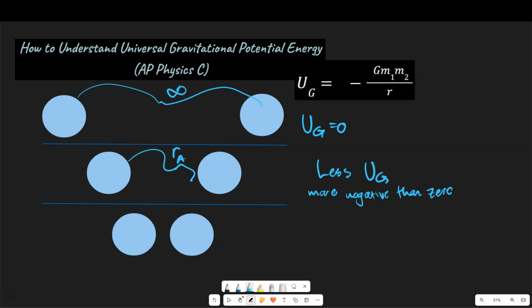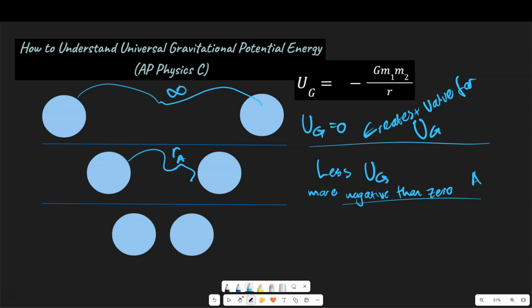So if 0 is the greatest value we can have for our potential energy, the greatest value for universal potential energy right here, then this part right here that I'm talking about, scenario A, is going to be less than 0. And that makes sense if we have a negative sign in the equation and we define infinity as where you have the greatest potential energy.